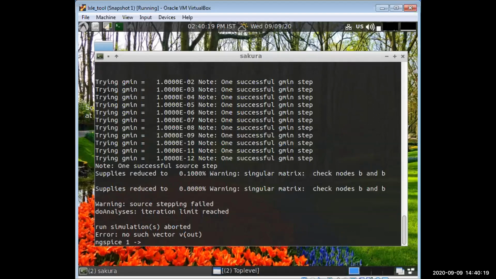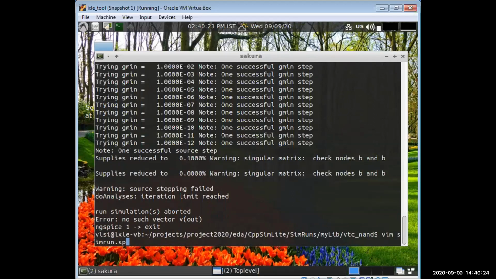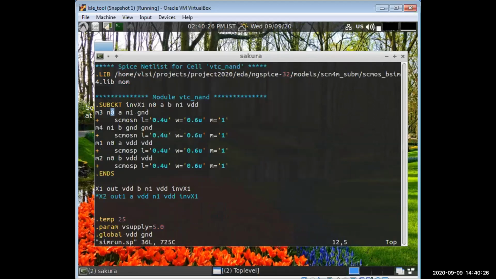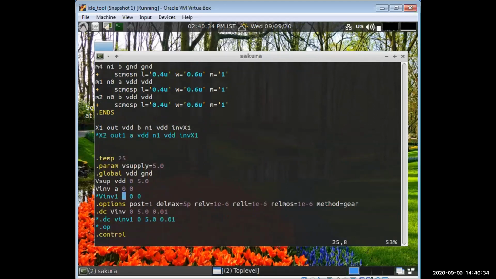Okay, I have made a mistake, sorry, I have to edit it. I have done it by mistake. I have to comment this and uncomment this because I am sweeping B here.